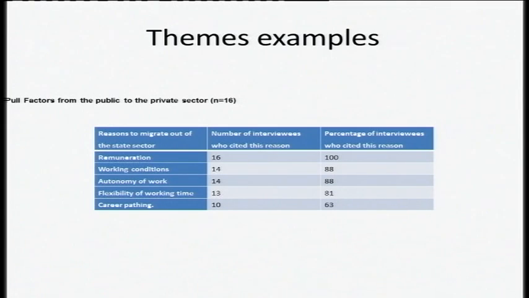Here's an example of further reducing the themes in a table. Here the journal, for whatever reason, insisted that I do percentages, even though the number was so small. So, you just listen and you do it. But the point here is really to show you that once you've done that, there are lots of ways to present your data.